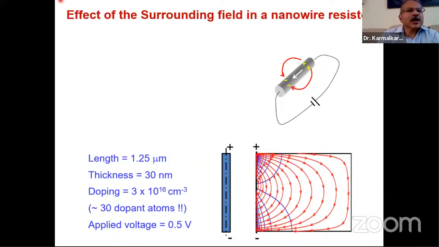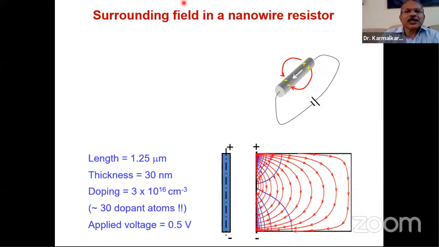So now let us look at the effect of the surrounding field. Now this is the surrounding field. I have shown by simulation how this is the surrounding field. Now I will show how you get the effect of this.